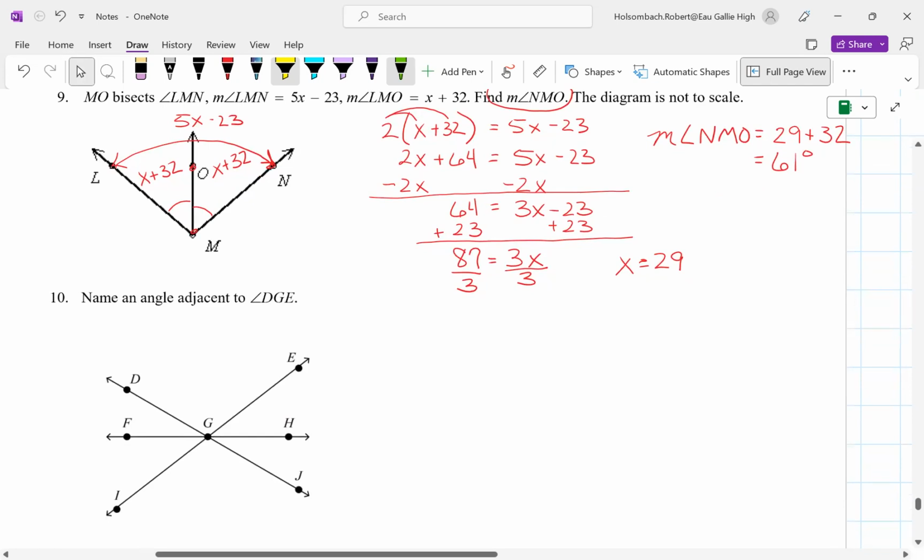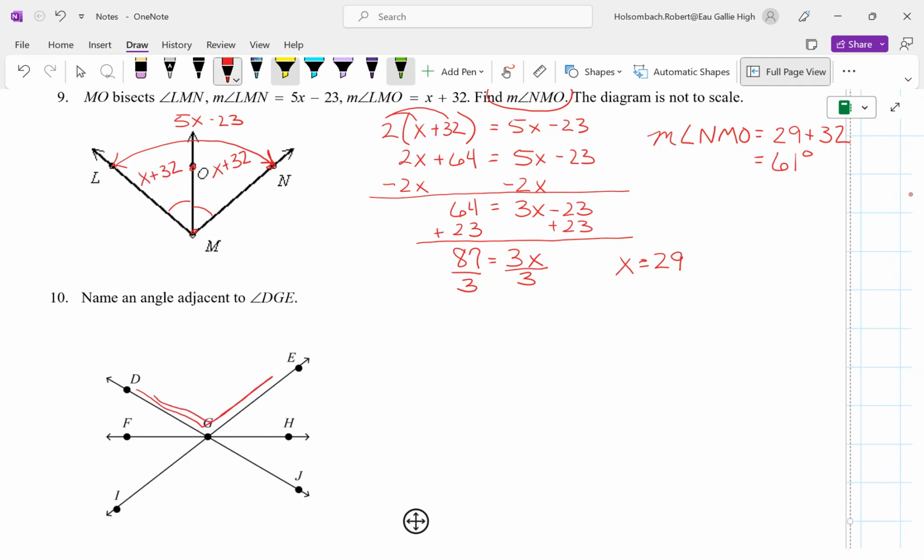Number 10 asks you to find an angle adjacent to DGE. So here's DGE. Adjacent means next to. Adjacent angles share a vertex and they share a side.